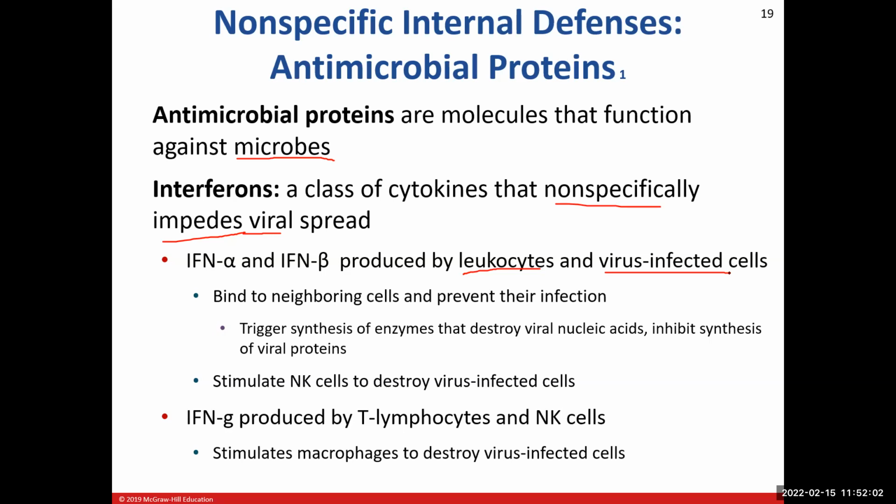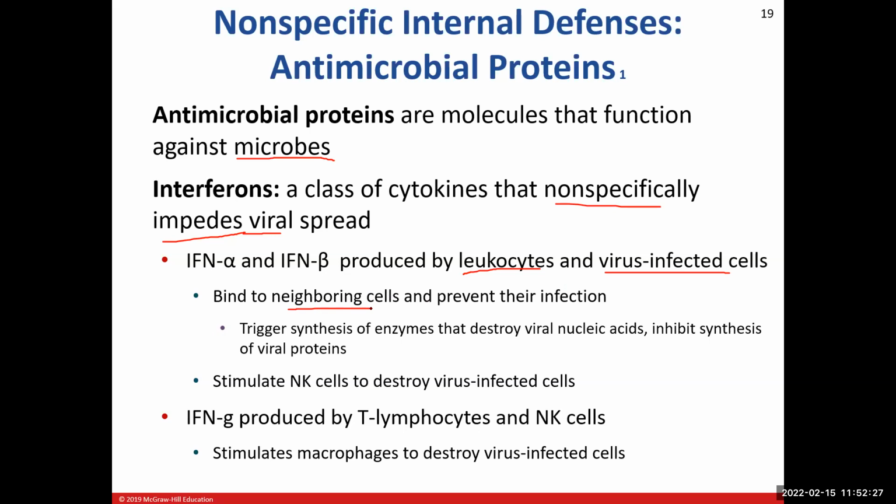As it is infected by a virus, it starts to release these interferons as kind of a last ditch effort to try to save itself, but also to protect the cells that are close by. And in doing so, it helps to protect them from becoming infected.